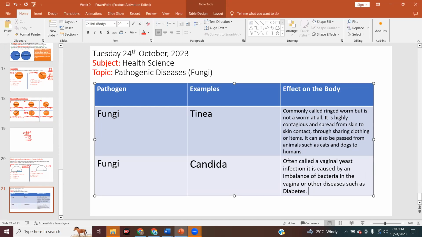So this is caused by a fungus, but if you have diabetes, it can lead to this as well.